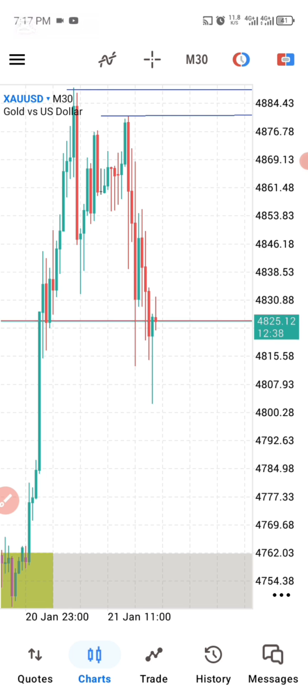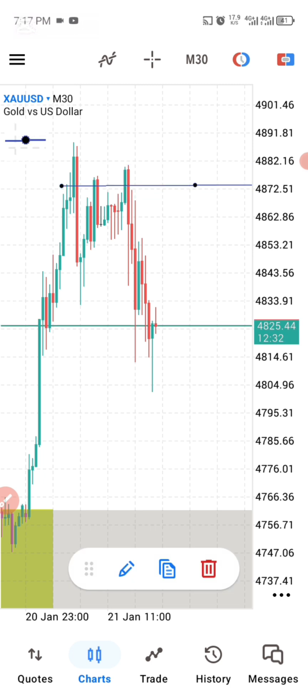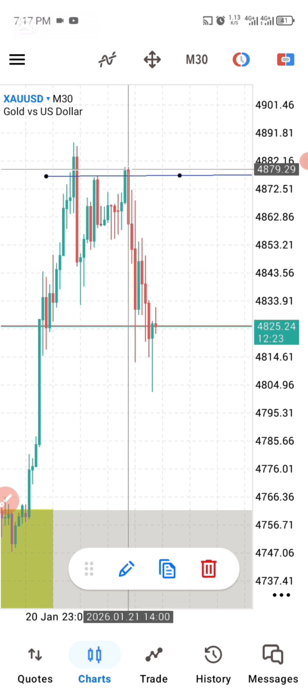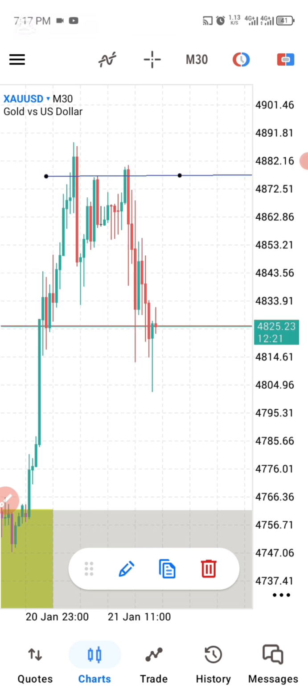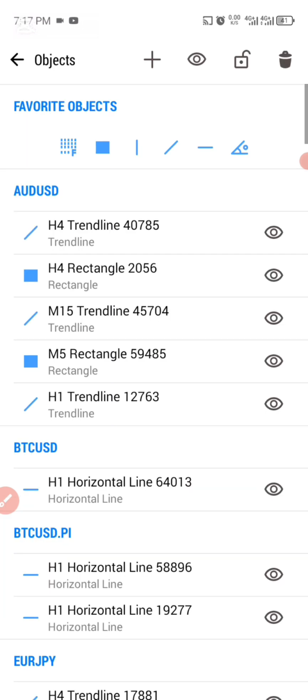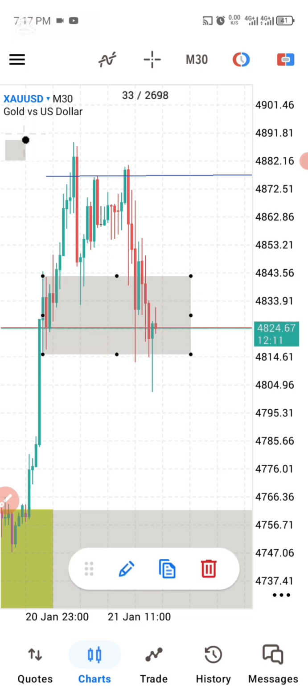Now, if you check very well, you see that the market swept out liquidity, broke out of structure here, broke out of structure here, and took this previous high. And after taking this previous high, it reversed from this zone here.